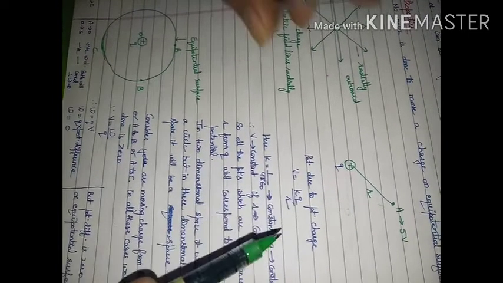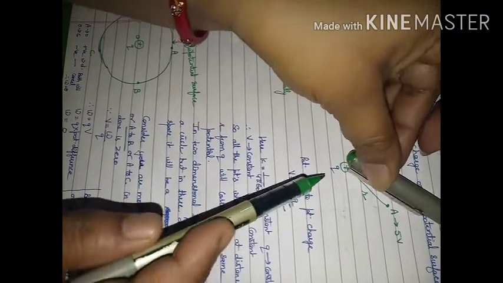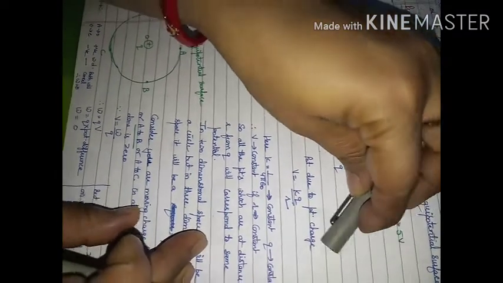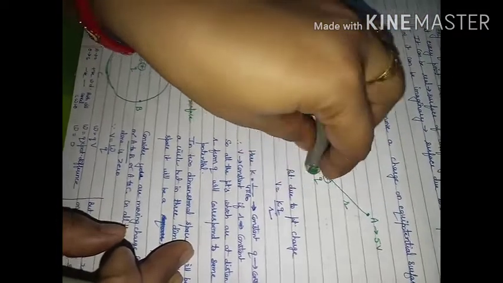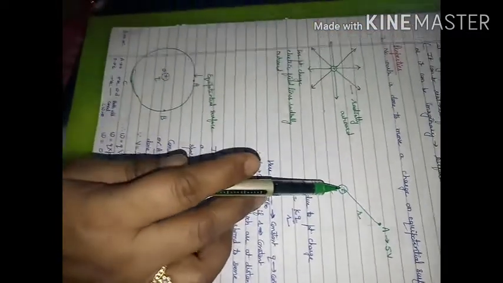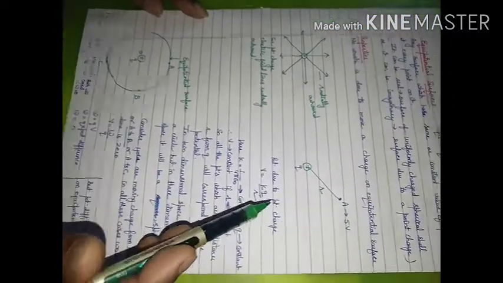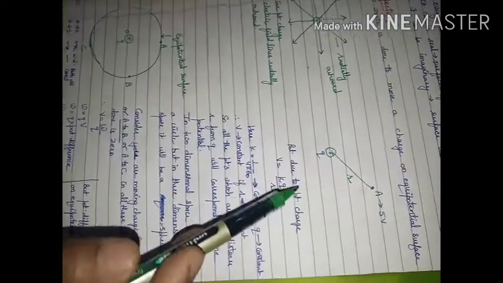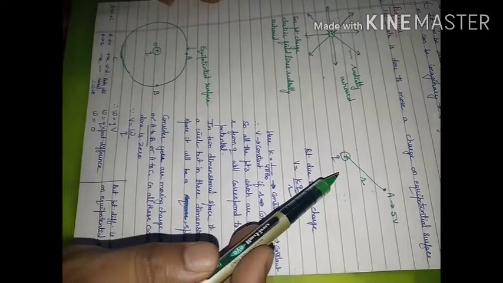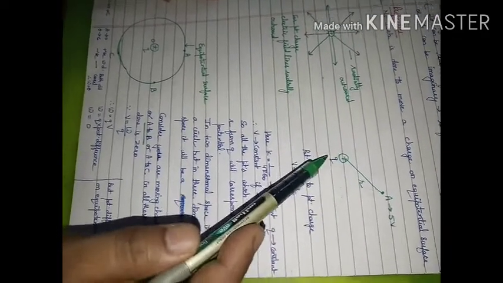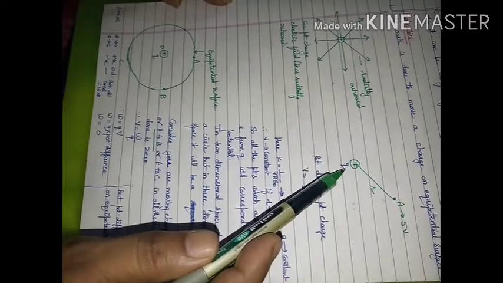It means if I consider the same value of R with this as center, and I move it like this, then in two-dimensional space I will get a circle, and in three-dimensional space we will get a sphere. So the equipotential surface for this point charge will be spherical in shape with the charge at center.